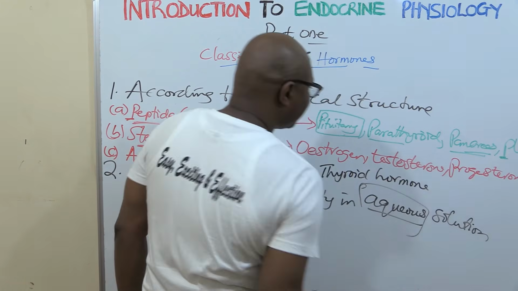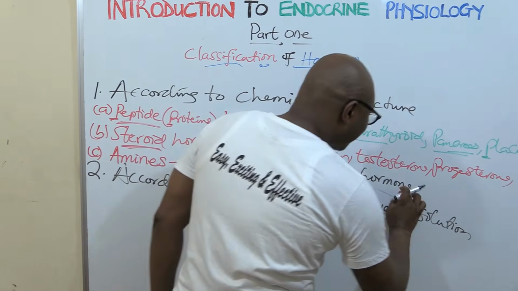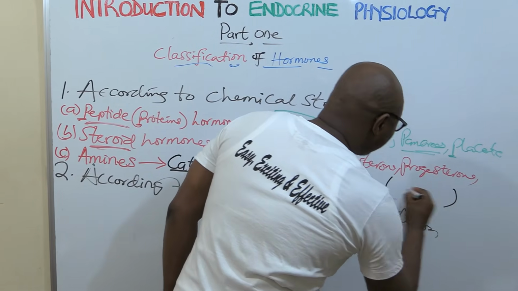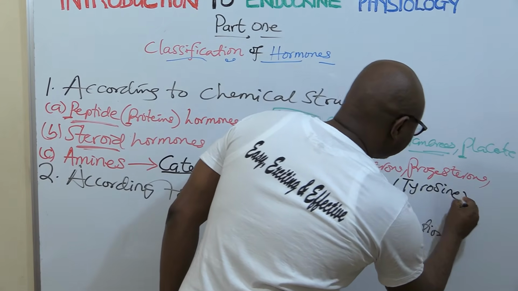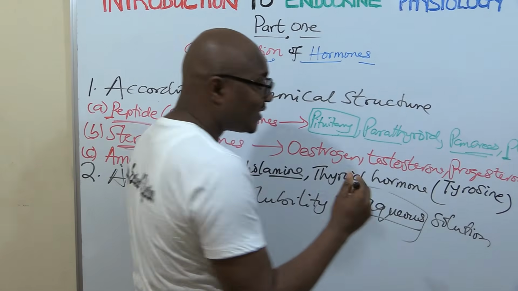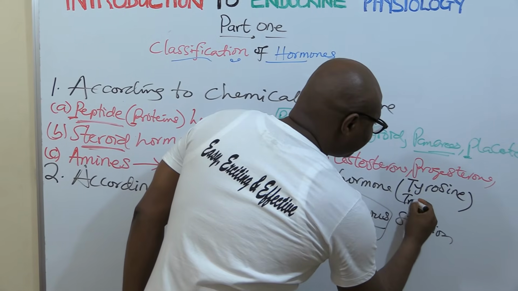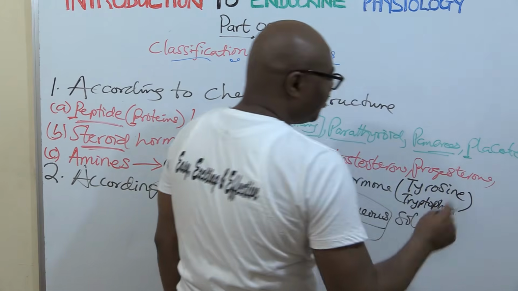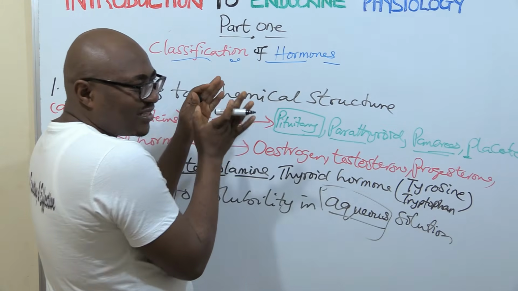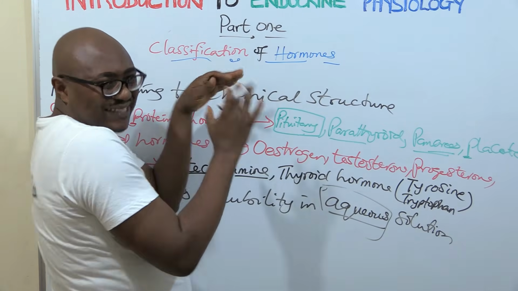they are amines, and all of them, catecholamines, thyroid hormones, are synthesized from tyrosine, and some others too are synthesized from tryptophan. Okay, but those ones are not among the classical hormones.